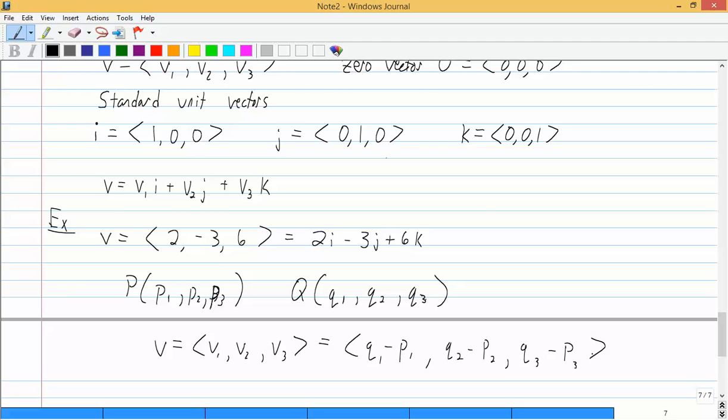So you always need to keep in mind that a vector comes from 2 points. It may have direction and magnitude and all of that, but each component is made up of at least 2 points.